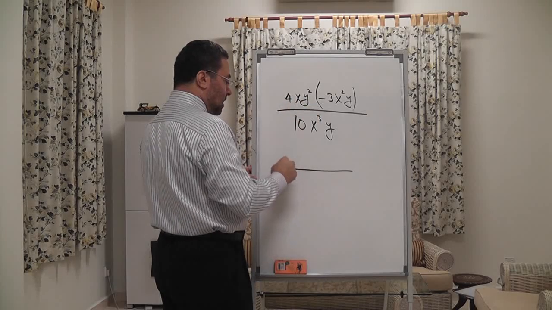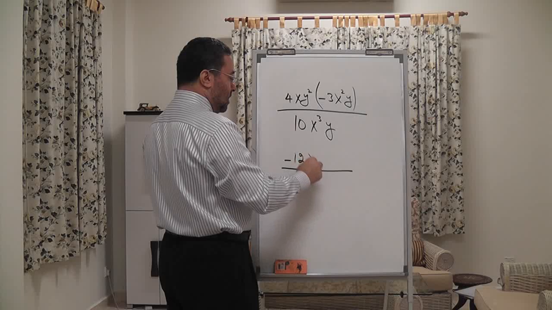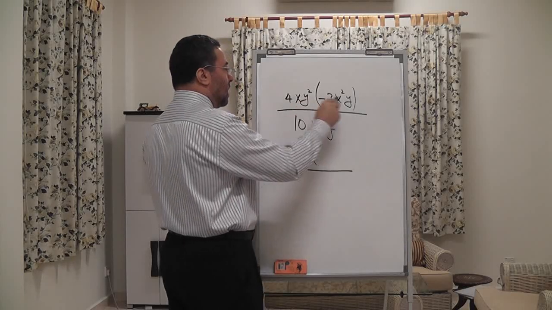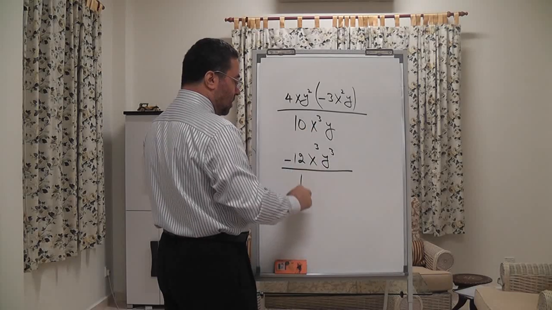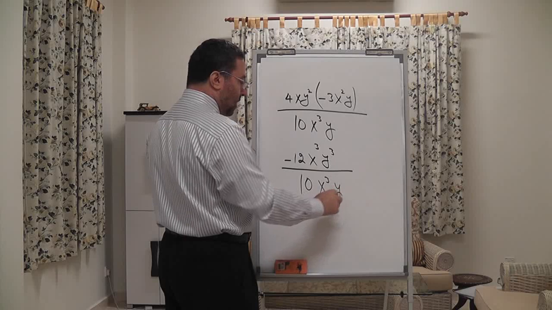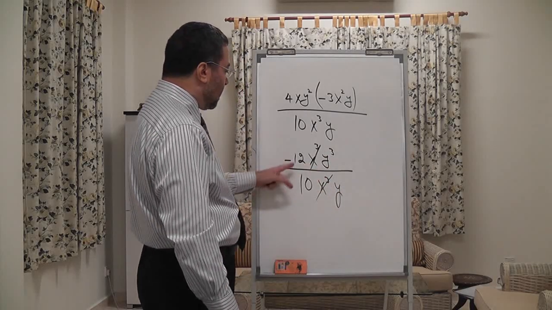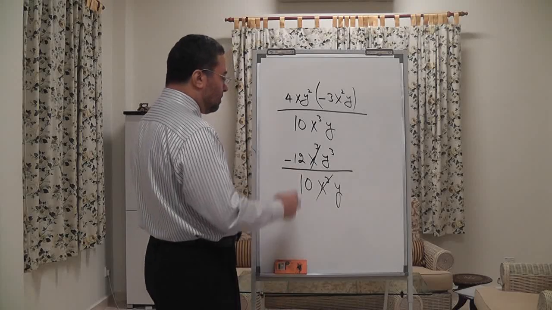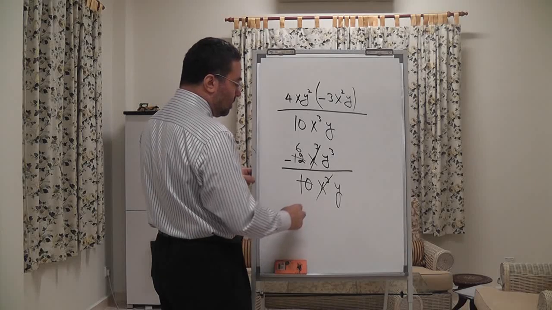4 times minus 3, that's minus 12. X times x squared, that's x cubed. And here y squared times y, that's y cubed. And here we have in the denominator 10x cubed y. The x cubed cuts with the x cubed. And here we can divide these two numbers by 2, so we get 6, and in the denominator we get 5.